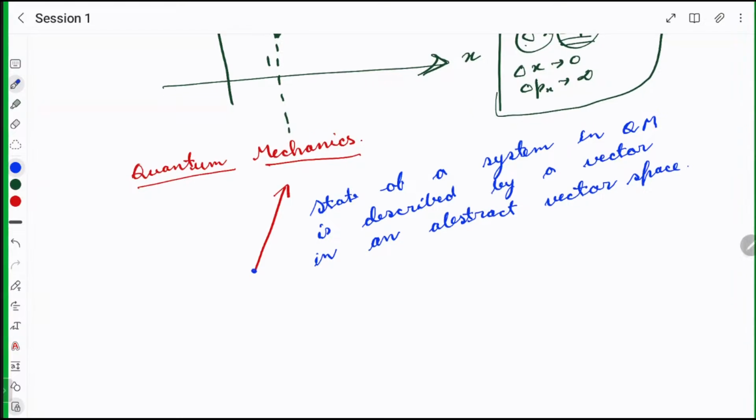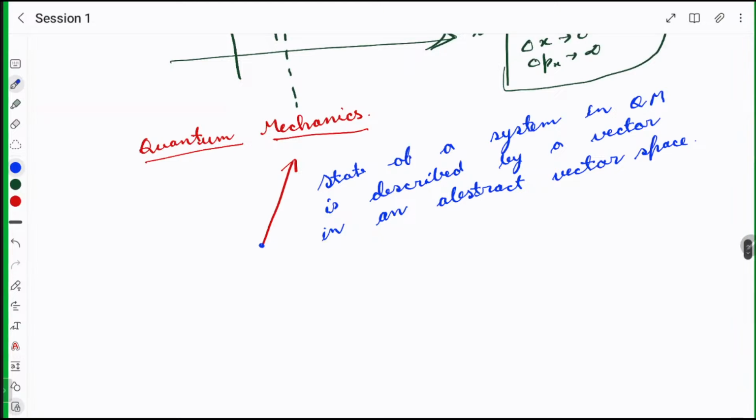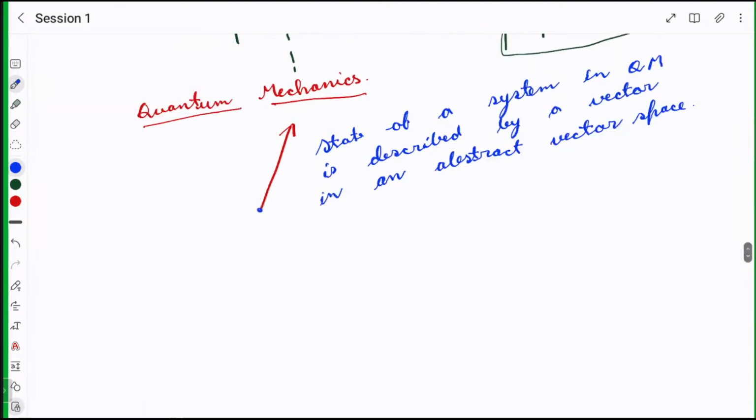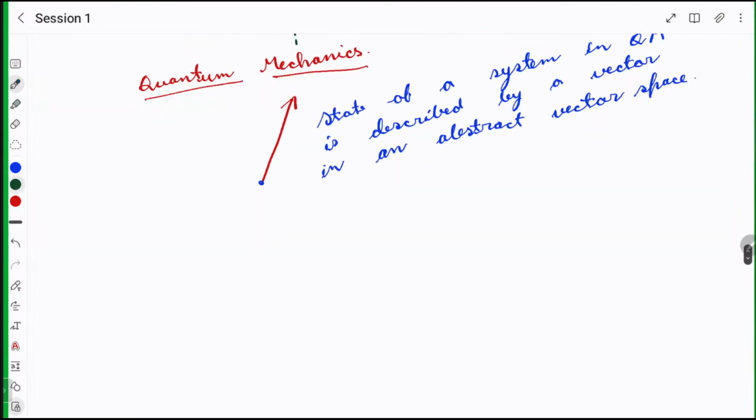Now, what is an abstract vector space? That's the most obvious question. Instead of answering that directly, I would try to motivate the answer first.